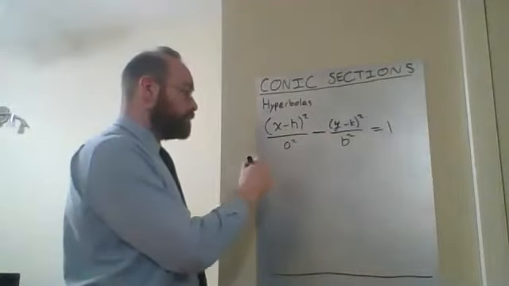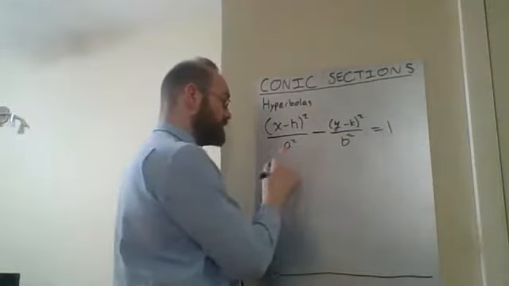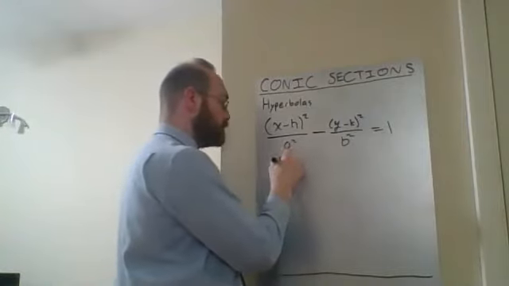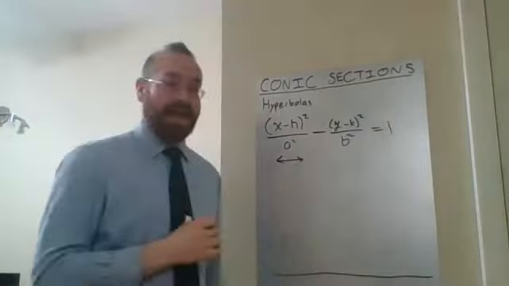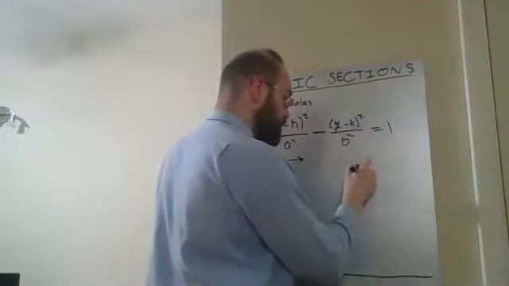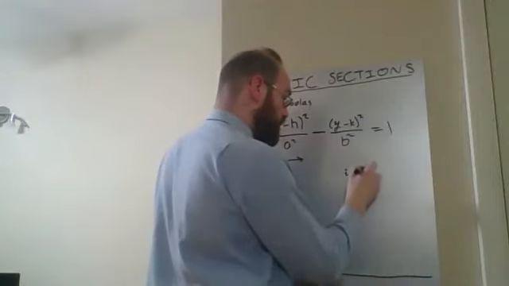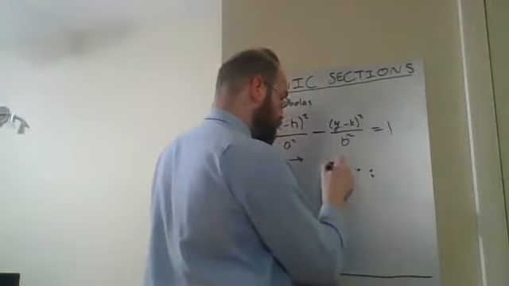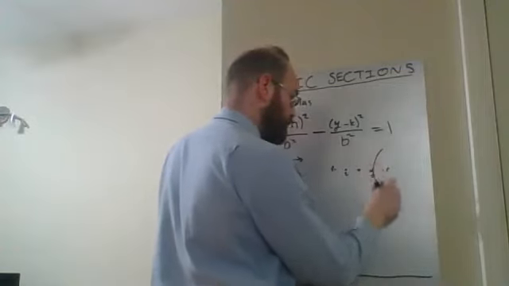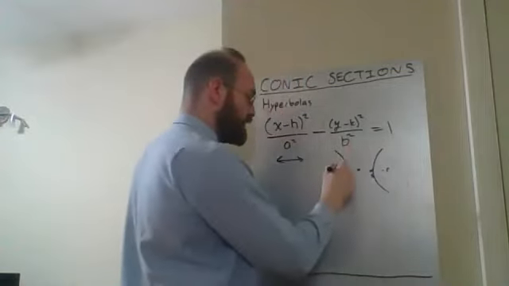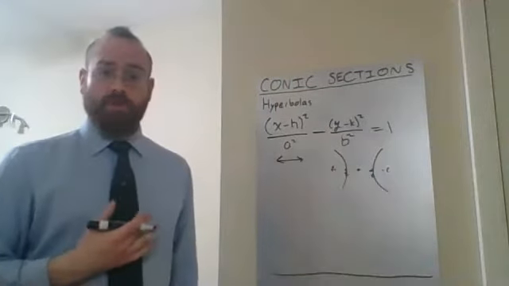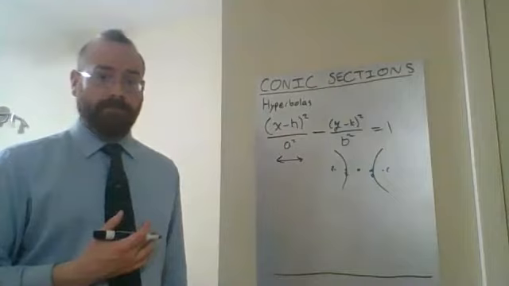So in this case, since our positive term is the x term, our transverse axis is going to be horizontal. So if I sketch out our center, our vertex, our focus, then this axis goes left and right, and our branches open to the left and the right.